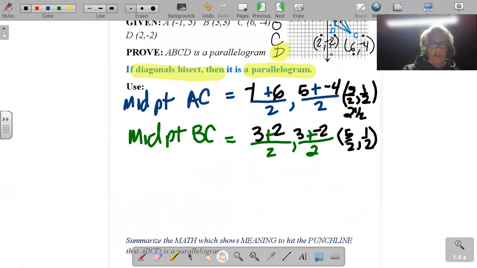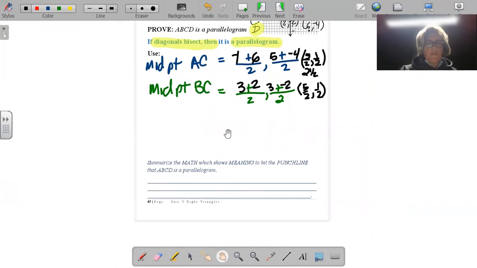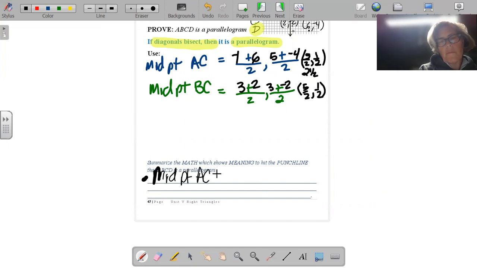Math, meaning, punchline. So we come down here. First sentence is the math. There's your math, both ways.